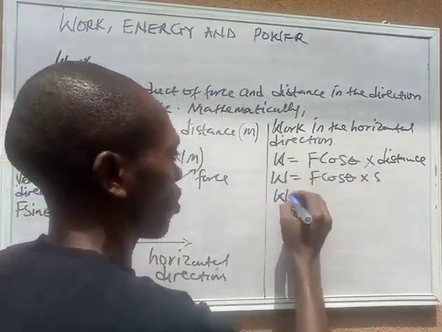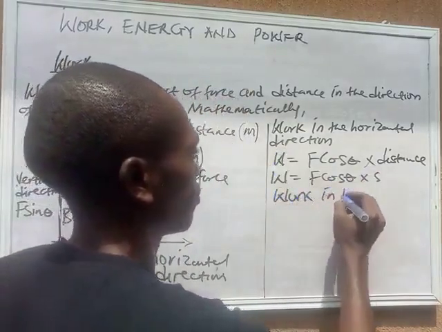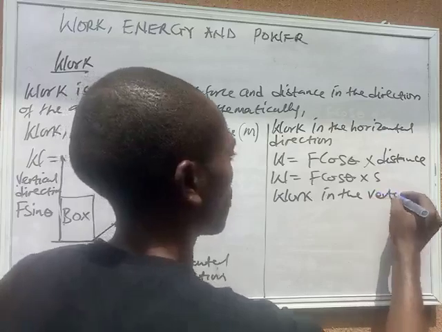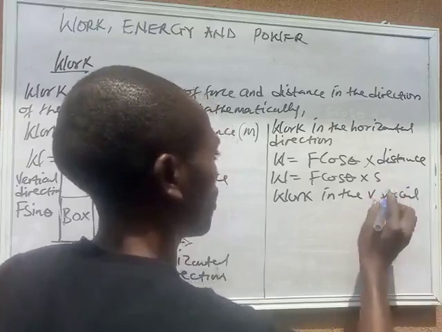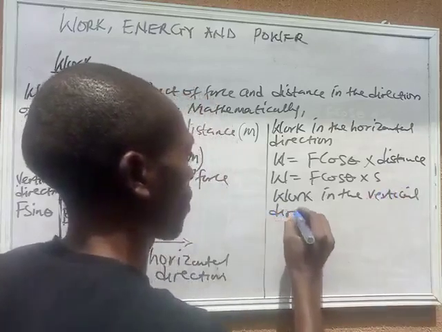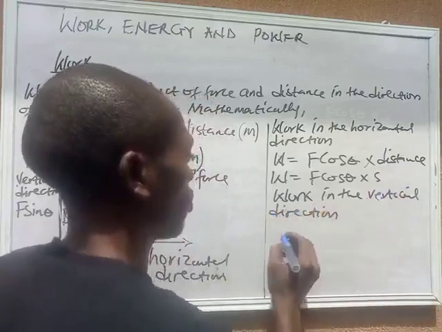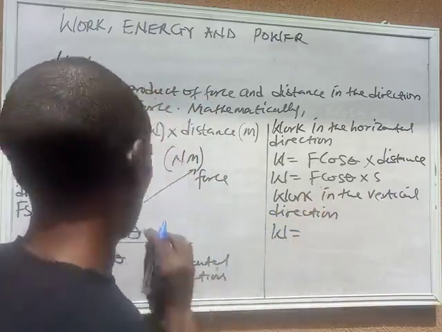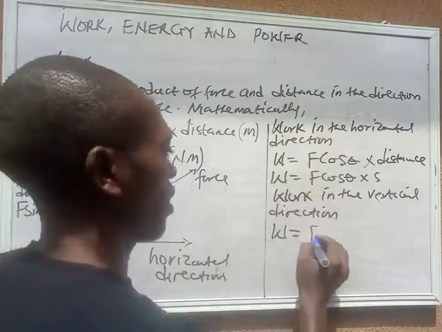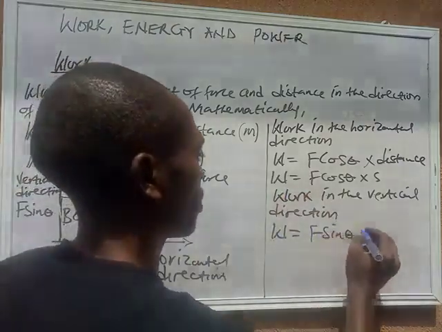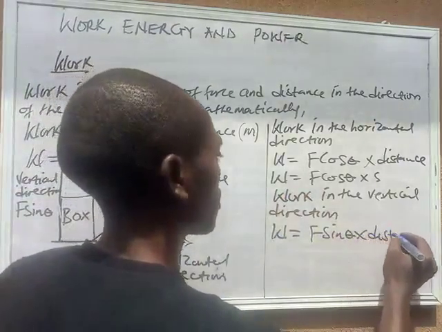If you have the work done in the vertical direction, the work done is going to be given as F sine theta times distance.